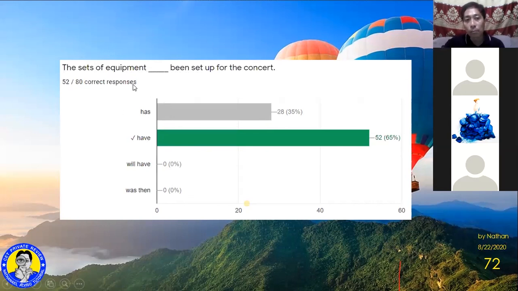So you might think equipment is a mass noun, so singular, "has," and 28 of you fall for this trap, okay? Even if this is a mass noun, which does not have a plural form, you inserted a quantifier, which can be counted, "sets," okay? So equipment is non-count, so always singular. But if you put in a quantifier like "sets," it becomes plural. Therefore, you must use "have."